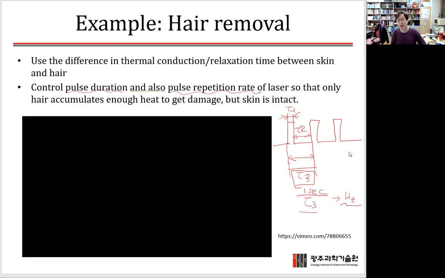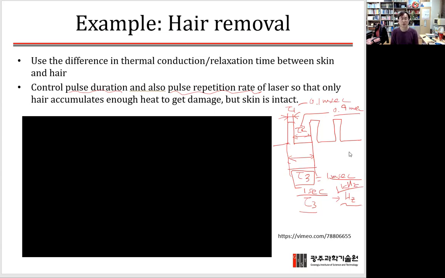So let's say that if the tau 3 is 1 millisecond, and within 1 millisecond, maybe you have 0.1 millisecond, which is 100 microsecond, as a pulse, and then tau 2 is 0.9 millisecond as a waiting time between each pulse. Then you can have 1 second divided by 1 millisecond, so you can have 1 kilohertz as a repetition rate.